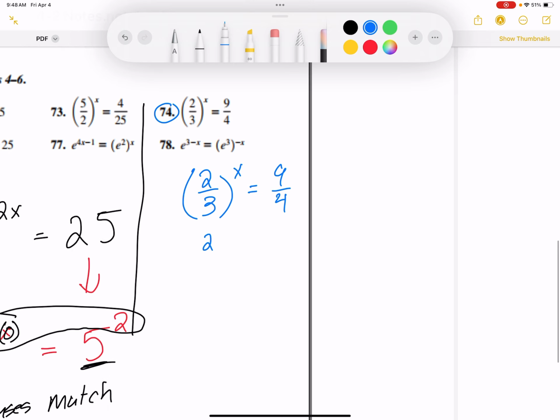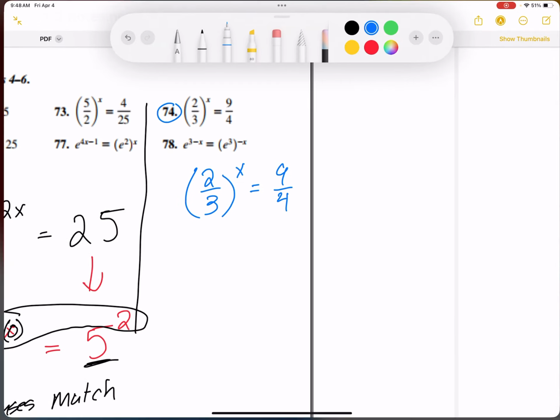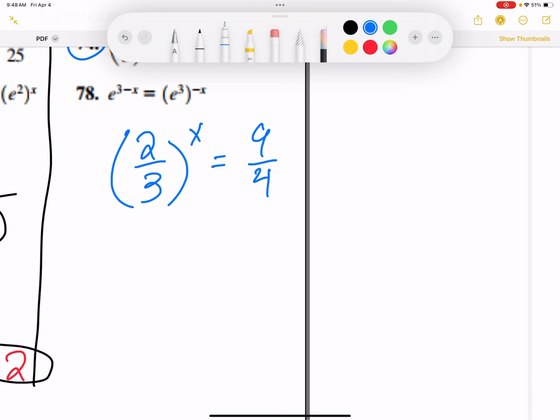I got 2/3 to the x, and there's a lot of different strategies you can do. But remember, my 2 is in the numerator, my 3 is in the denominator, but my 9's in the numerator and my 4 is in the denominator. So I can say this is 3/2 squared, right? 3/2 squared is the same as 9/4. But this is a 2/3 to the x, so it doesn't match yet.